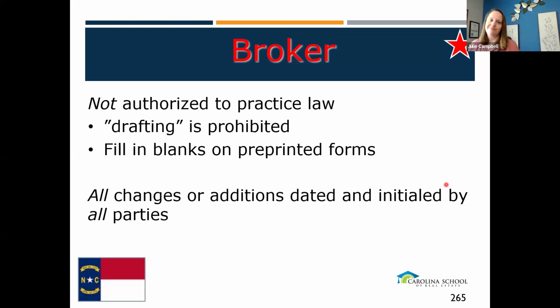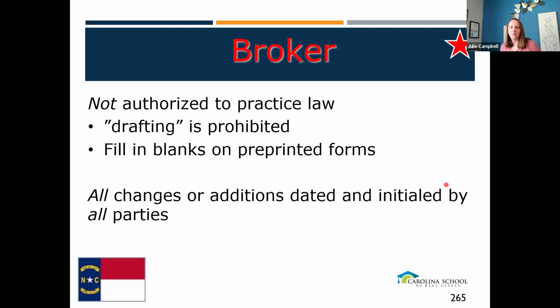Fun fact for you. The parties to the contract can add, edit, delete. So if we're talking about the sales contract, the parties to the contract are the buyer and the seller. The parties can, but just because they can doesn't always mean that they should.